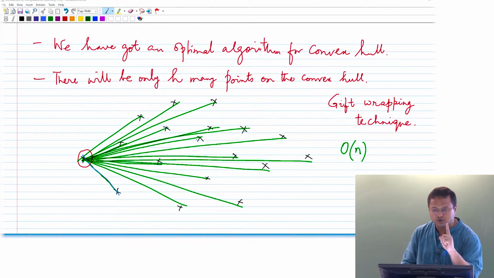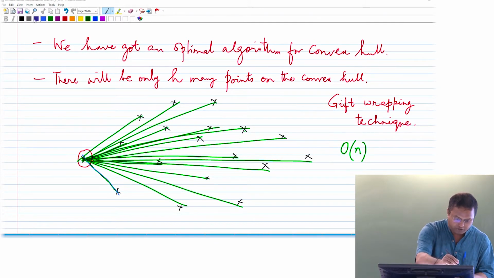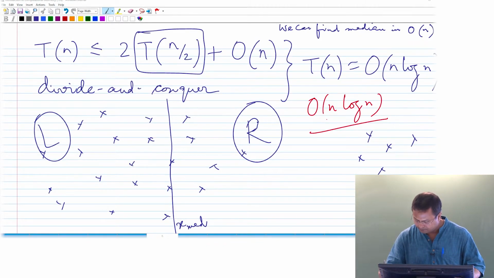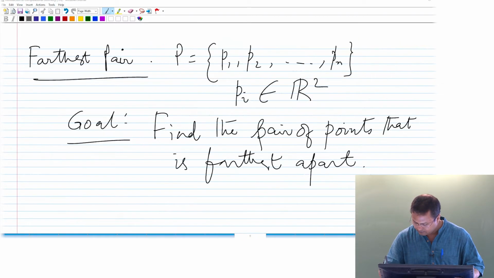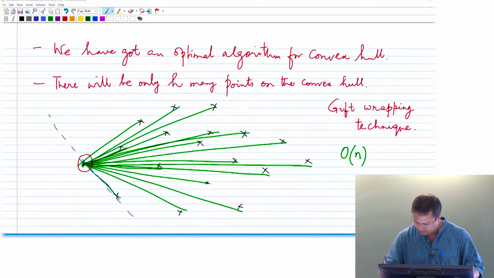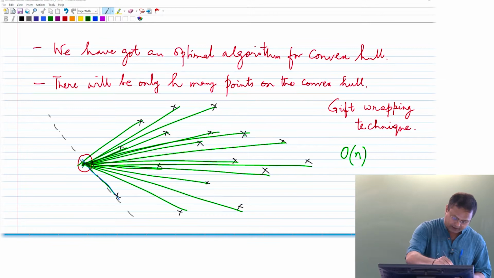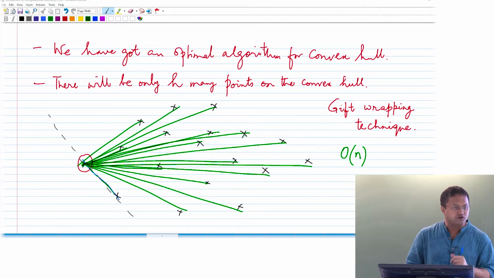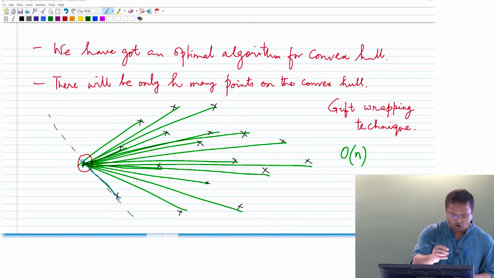So I drew order n such line segments, picked out the minimum slope, and got my next point on the hull, because if you think of a line through this, then all points are going to be on one side of it. So it qualifies for a convex hull edge. So I have got one edge. How do I pick the next edge?